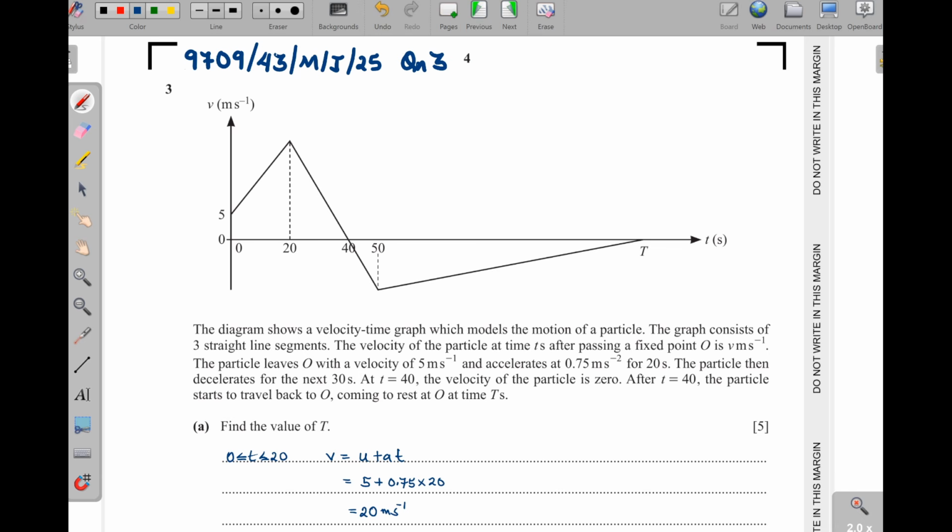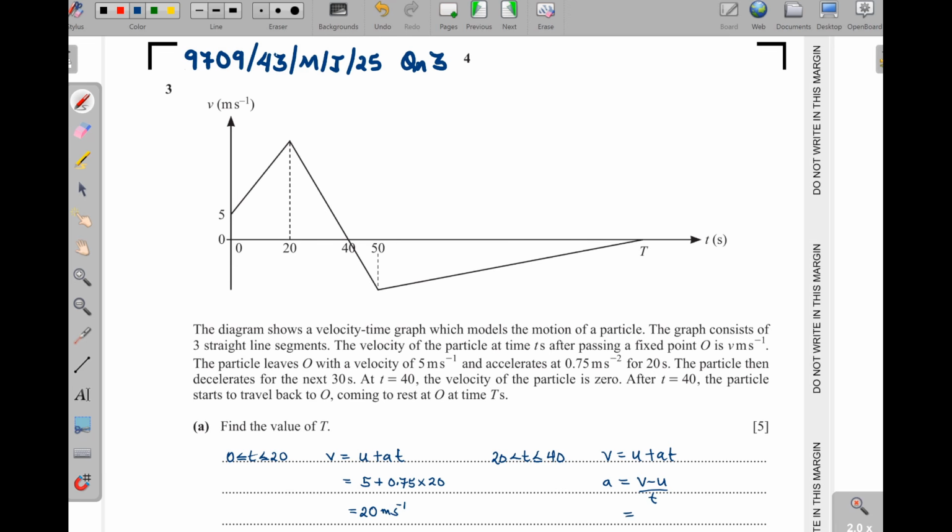Then when we look at the second segment from 20 to 40, we need to know the deceleration. From 20 to 40 seconds, again using v equals u plus at, that is v minus u over t.